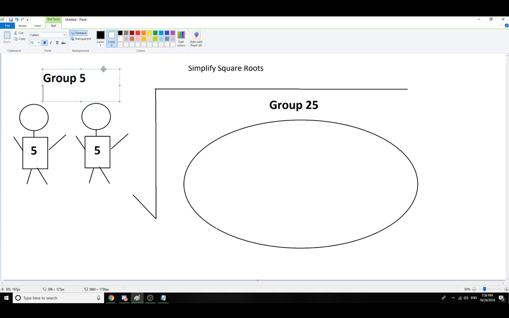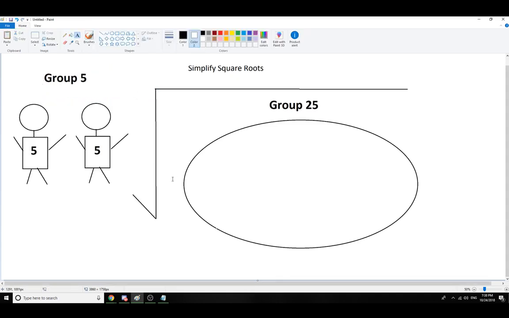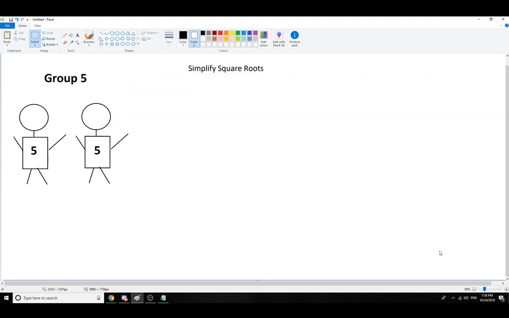So these two people are now Group 5. They happen to be the only people in the group in the jail, and since the jail has no more prisoners, the jail's forced to shut down. So you can say goodbye to the jail, and unfortunately, all you're left with is just group 5. So your answer is 5.